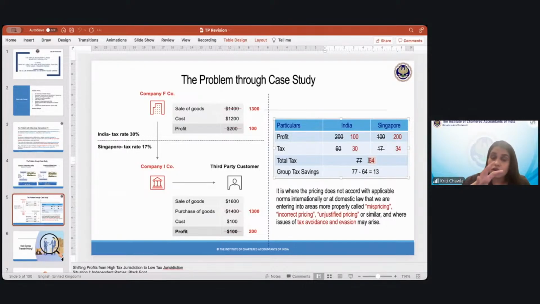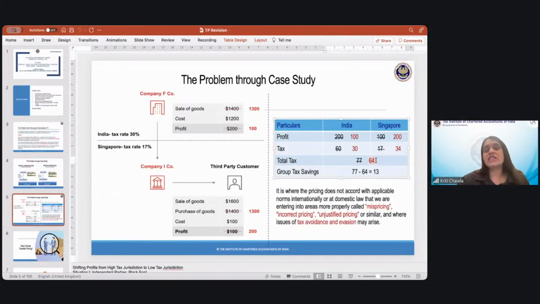But now, because they got related and they manipulated the transfer price, which is this $1,300, the kind of tax that they paid was $64. So they were able to bring their tax down by indulging in something called mispricing, unjustified pricing. And this is precisely the issue of tax avoidance.